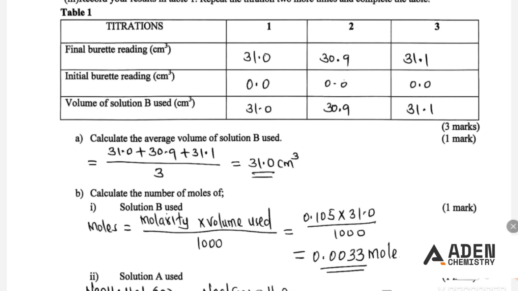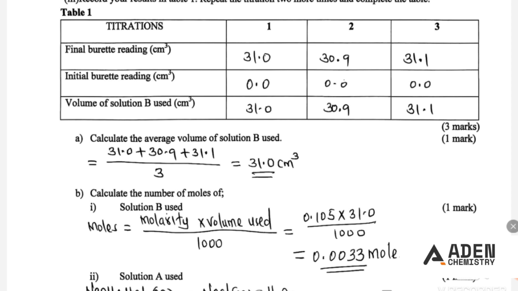In the second titration, the initial burette reading was 0.0 and the final burette reading was 30.9. When we subtract, we get 30.9. Next, the third titration, the initial burette reading is 0.0, then our final burette reading is 31.1. So when we subtract, we get 31.1.